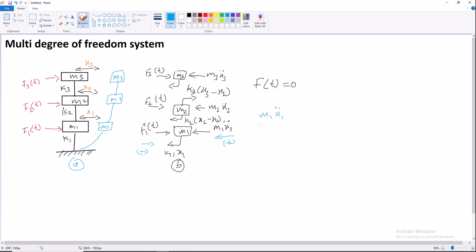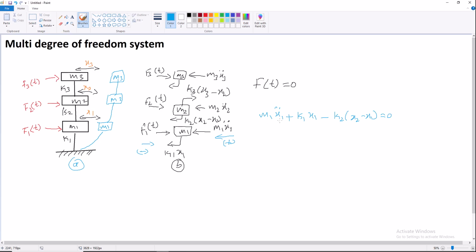For the first mass, m1 x1 double dot plus k1 x1 and minus k2 times (x2 minus x1). Since it is a free vibration, the forces are not considered, so it is equal to 0.